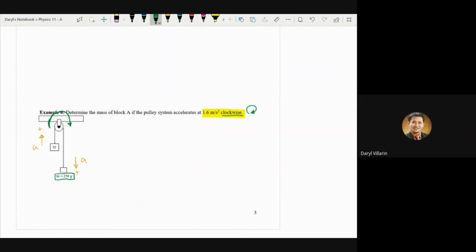So before anything else, try to convert that one to kilogram. And that is equivalent to 0.25 kilogram. Okay? Because 1 kilogram is just 1,000 grams. So m, small m, is therefore 0.25 kilogram.